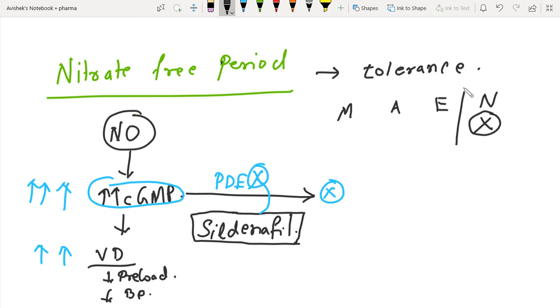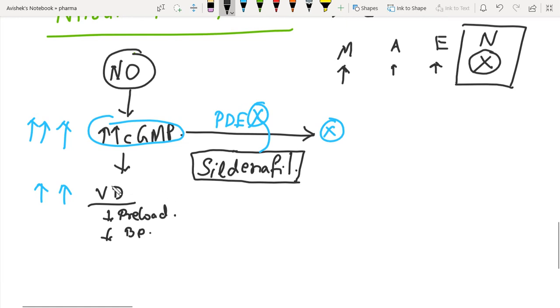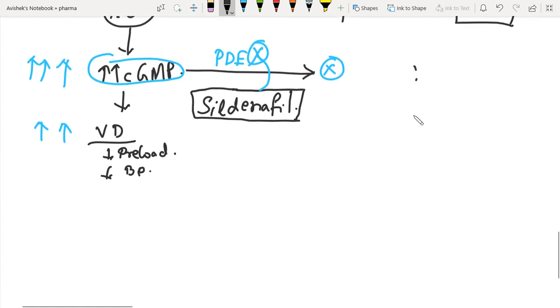This is called the nitrate free period. We will take it in the morning, maybe afternoon, evening, but not at night. When the body is at rest, it is better not to give nitrate, since it can cause vasodilation, a decrease in preload and a severe decrease in BP.